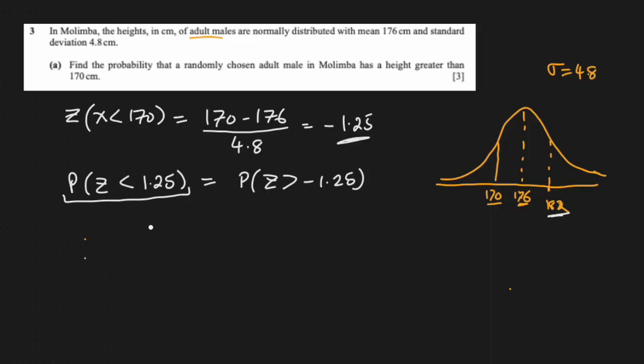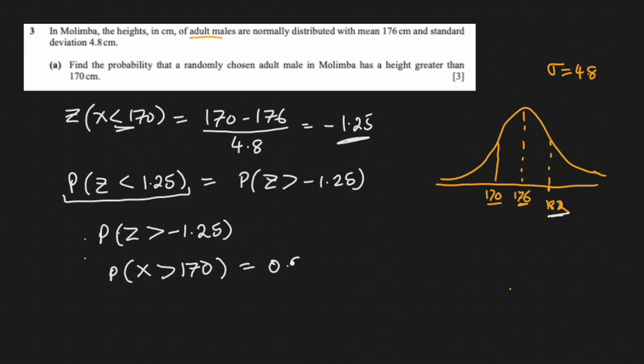So probability of z greater than minus 1.25, or probability of x greater than 170. Yeah, it was less than 170. We wanted greater than 170, is 0.8944, and I'm ignoring the fourth digit because we need 3 significant figures.